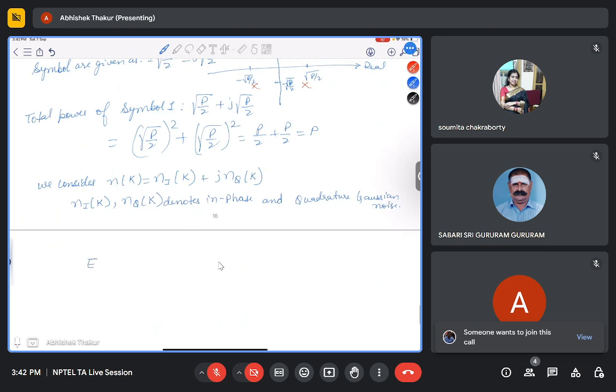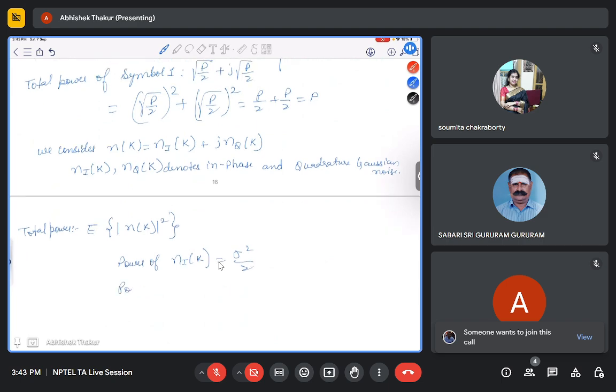So the expectation of the noise signal we have to find. This is the total power. We have to find the signal to noise power ratio, so we will find the total power of the noise, that is expectation of n_k square. The power of in-phase is equal to sigma square by 2, and the power of quadrature phase is also sigma square by 2.